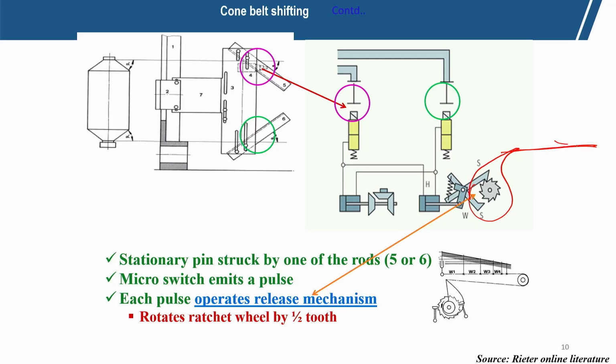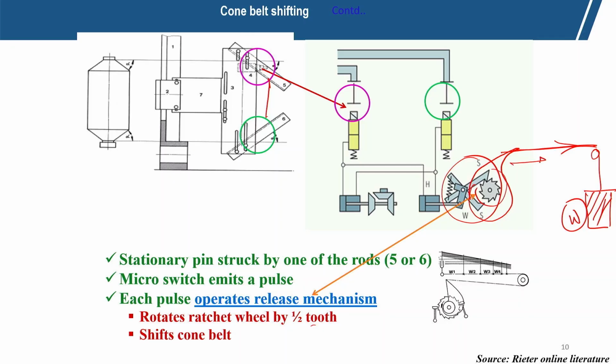The rope is always connected with a heavy weight that tries to pull, but this stop arrangement restricts the free movement of the ratchet. That is how the belt shifting is controlled. After every traverse one release will happen, that means it will rotate by half a tooth, and that half tooth rotation will ensure the cone belt shift.